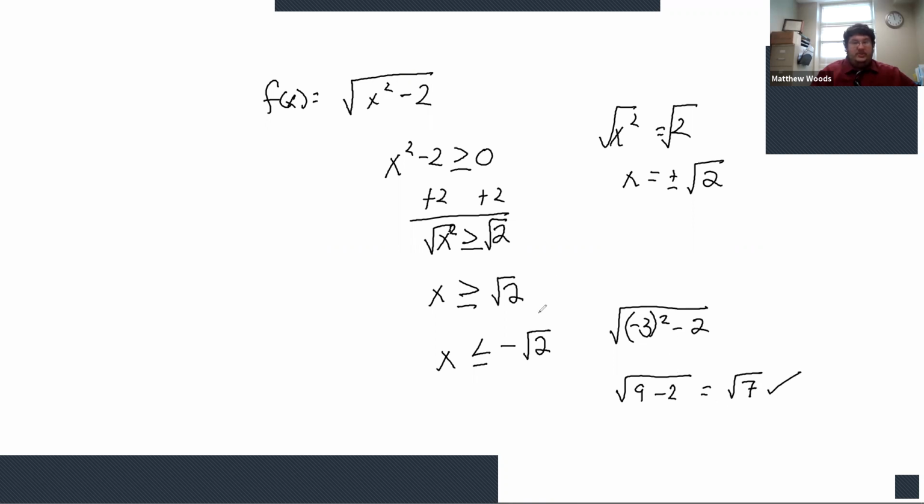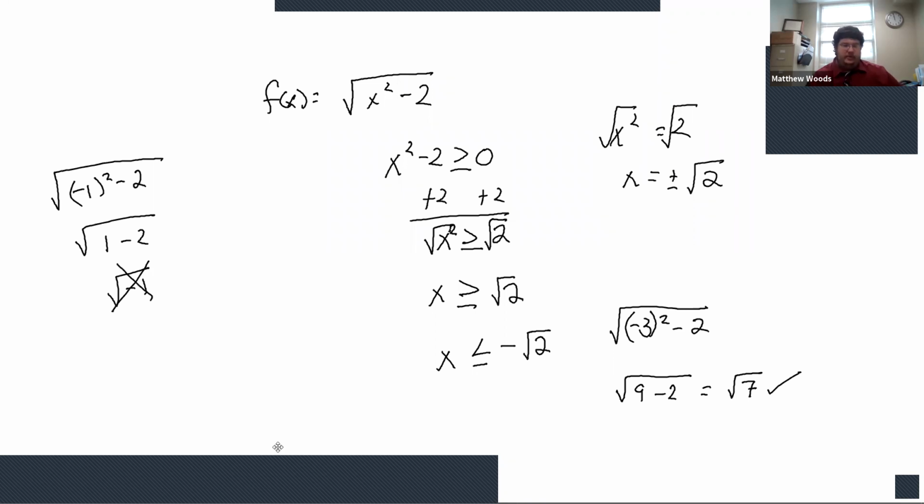If I put in something that's between the negative and positive square root of 2, like -1, -1 squared is 1 minus 2. I get square root of -1. Can't have that. So that's how you deal with the radicals when you're finding the domain.